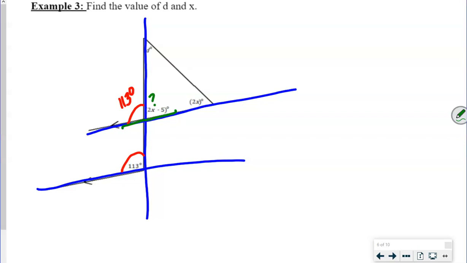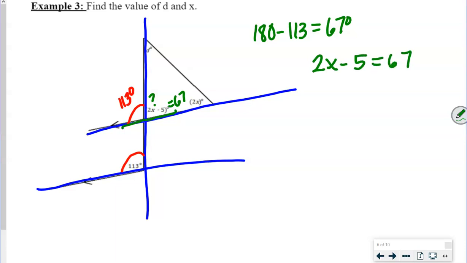What would we do? 180 minus 113, and that equals 67 degrees, right? So now if we know this equals 67 degrees, can't we solve for x? We can. So we're going to say 2x minus 5 equals 67. Add 5 to both sides, so 2x equals 72. Divide both sides by 2. So x equals 36.